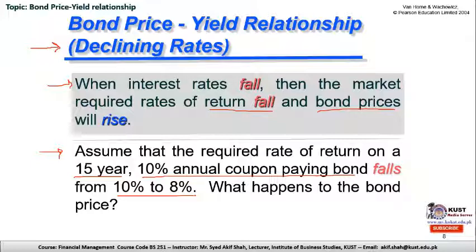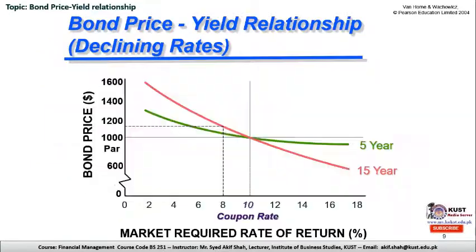However, the market required rate of return falls from 10 to 8%. And the case asks you to calculate the impact of this change in the market required rate of return on the bond price. Let's see with the help of a graphical explanation. We can see the 15-year bond in pink color.